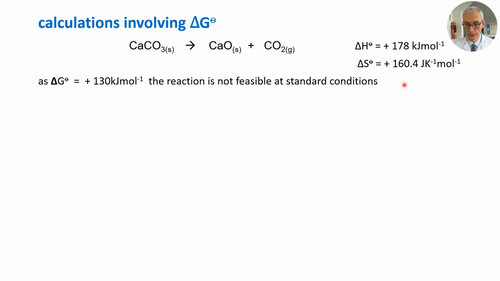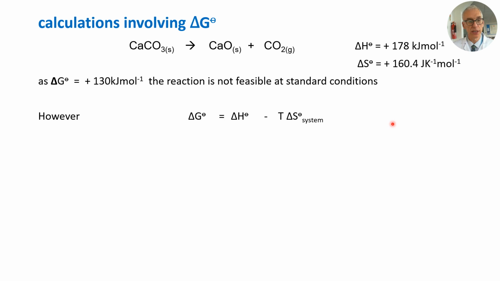However, we also know from common experience that if we heat calcium carbonate over a Bunsen, it will decompose. So we need to somehow determine the temperature at which calcium carbonate will decompose. That is, the decomposition of calcium carbonate becomes energetically feasible.